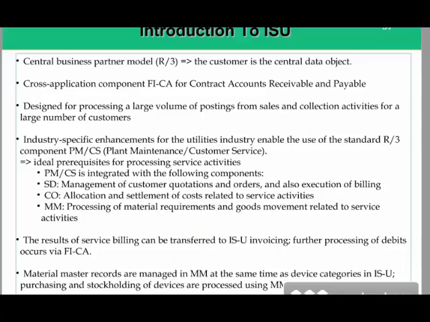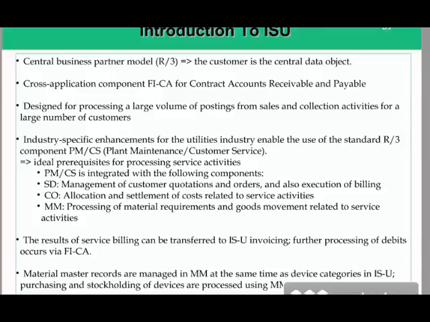This gives how the ISU modules are being integrated with the core modules, and what data gets transferred from one module to another. Material master records are managed in MM, but the device category in ISU is actually the material that is created in the material management module. Similarly, there is a network hierarchy created in plant maintenance, but that gets linked to the connection object.